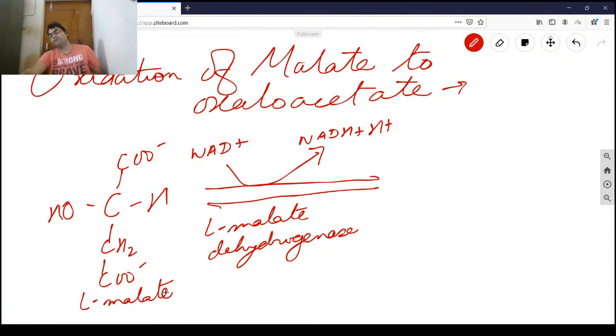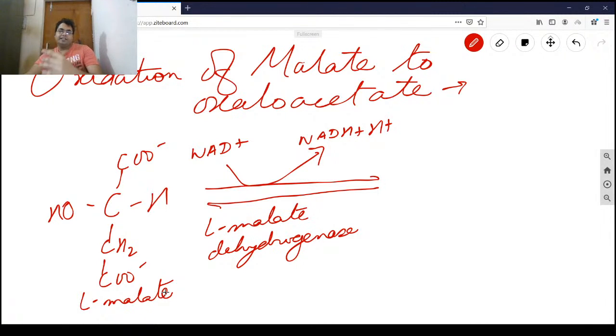First one was when isocitrate was catalyzed to alpha-ketoglutarate via isocitrate dehydrogenase, class 1 mostly. It used NAD plus as the cofactor, and NAD plus was reduced to NADH.